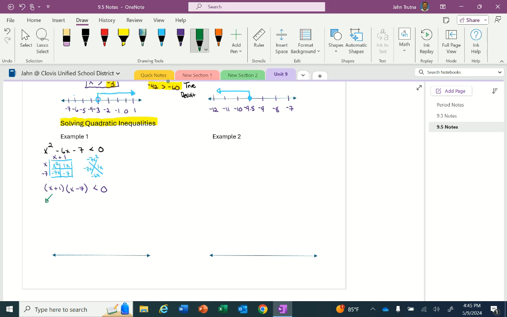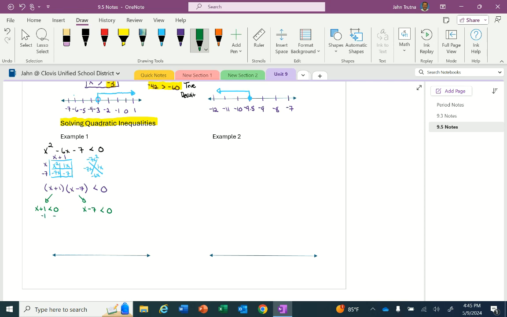What I do is I take both of my factors, x plus 1, and I write an inequality using that factor less than 0. Okay? And then I take my other factor, x minus 7, and I write an inequality less than 0. And I solve both of these, and this is going to give me an answer.